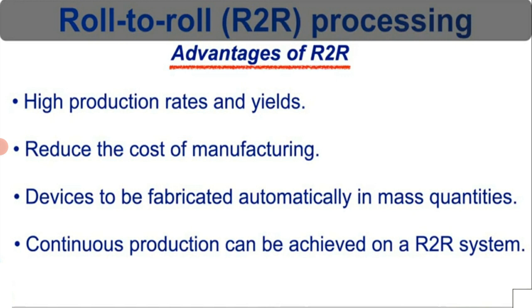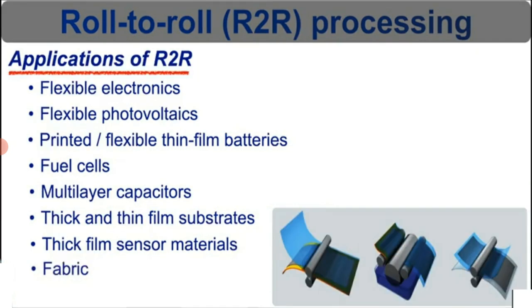Continuous production can be achieved on an R2R system. Applications of R2R: flexible electronics, photovoltaics, thin film batteries, fuel cells, multilayer capacitors, thick and thin film substrates, thick film sensor material and fabric.